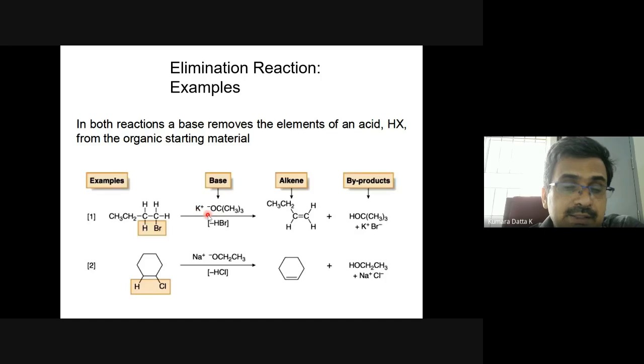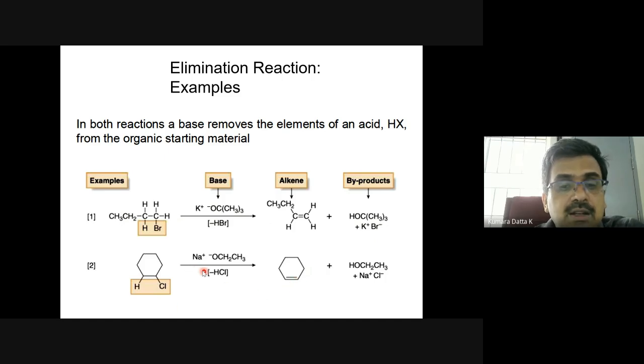This butoxide group takes away the hydrogen, the bromide is eliminated, and you form a double-bonded system. The hydrogen goes on to form tertiary butanol, and you get potassium bromide. So we are getting an alkene from a saturated alkane, and we can get cyclohexene, with only one double bond.